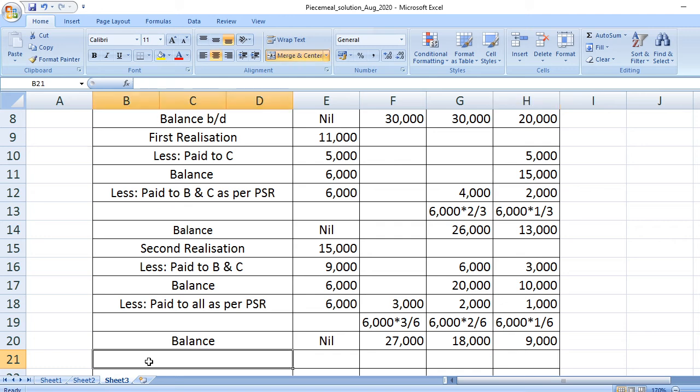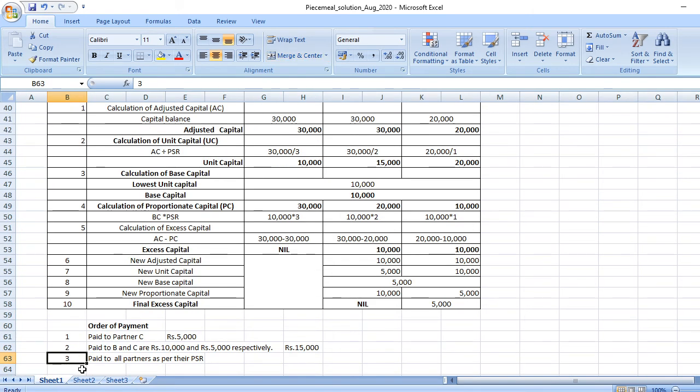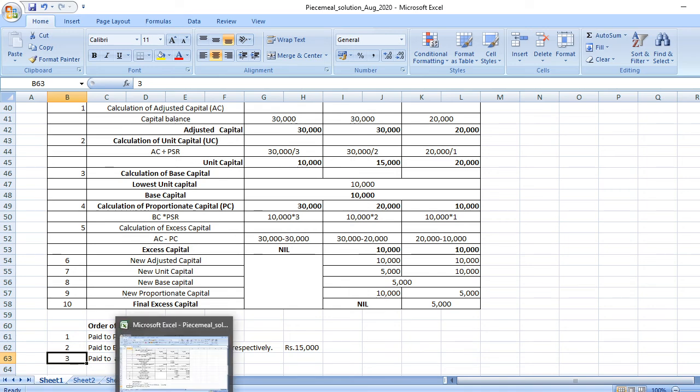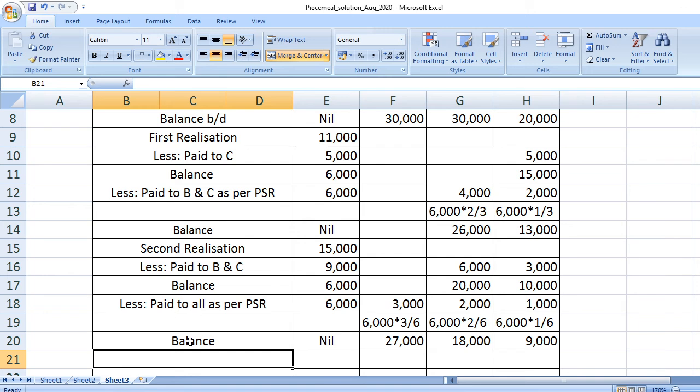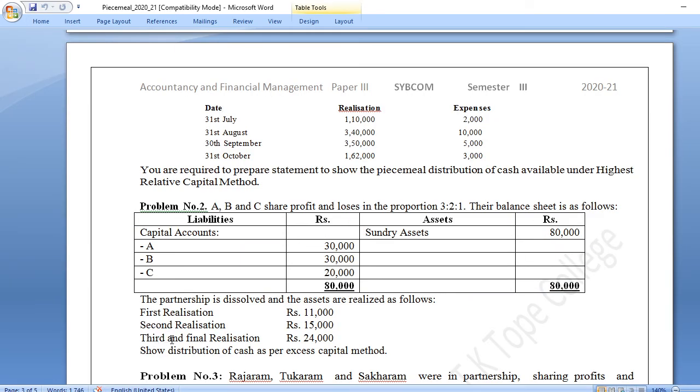Now, in our order, there is no other order, or there are no other things. Only the third order we have to follow for our realization money. Now there is no balance. Now we have to see the third and final realization, and they received rupees 24,000.